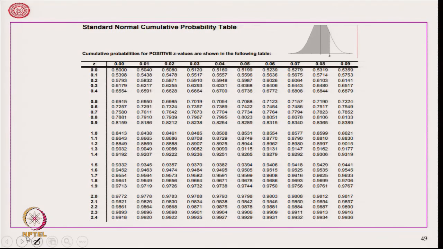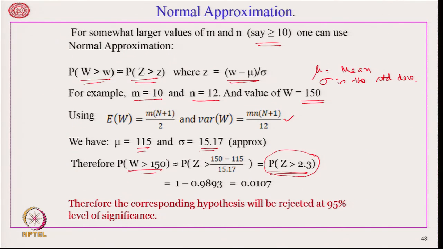Now, let us look at the normal table. We can see that probability a normal distribution is less than equal to 2.3, that value is given as 0.9893. Therefore, probability that normal variable is greater than 2.3, that value is coming out to be 0.0107.